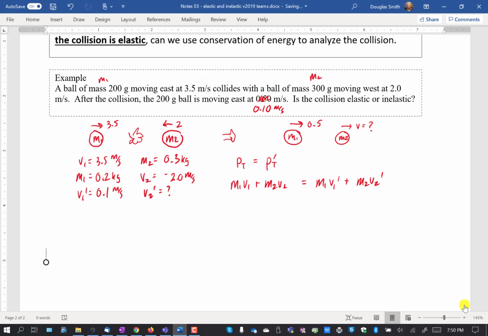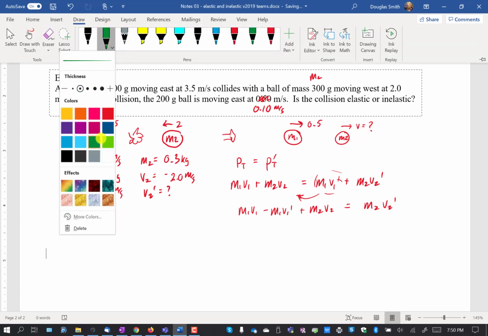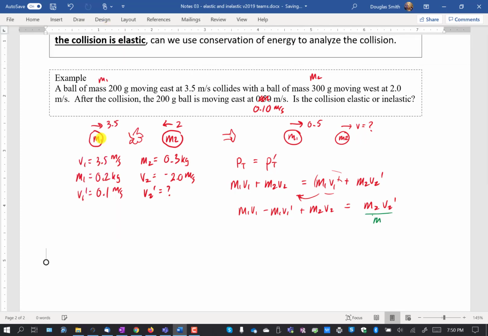First I'll subtract this one from both sides, so I'll get M1 V1 minus M1 V1 prime plus M2 V2 equals M2 V2 prime. And then I'll just divide both sides by M2.